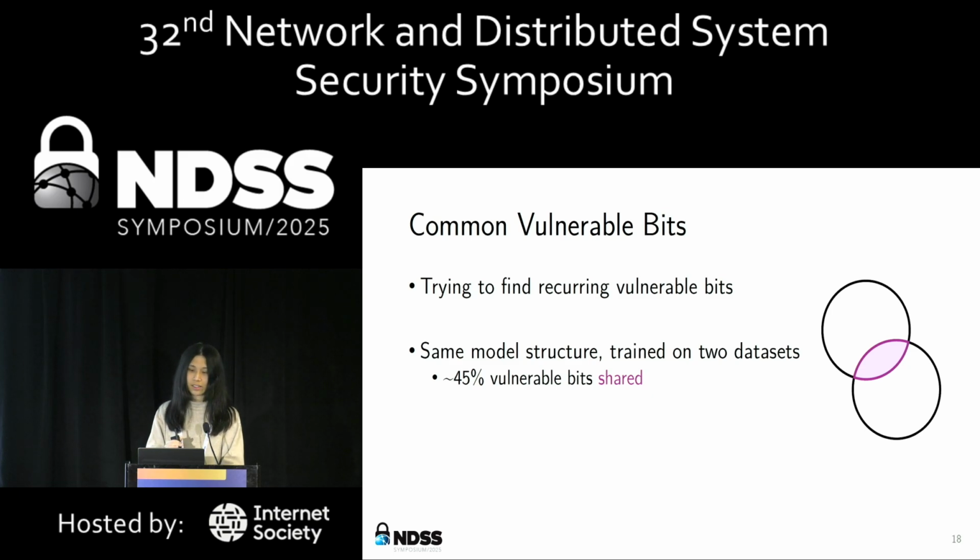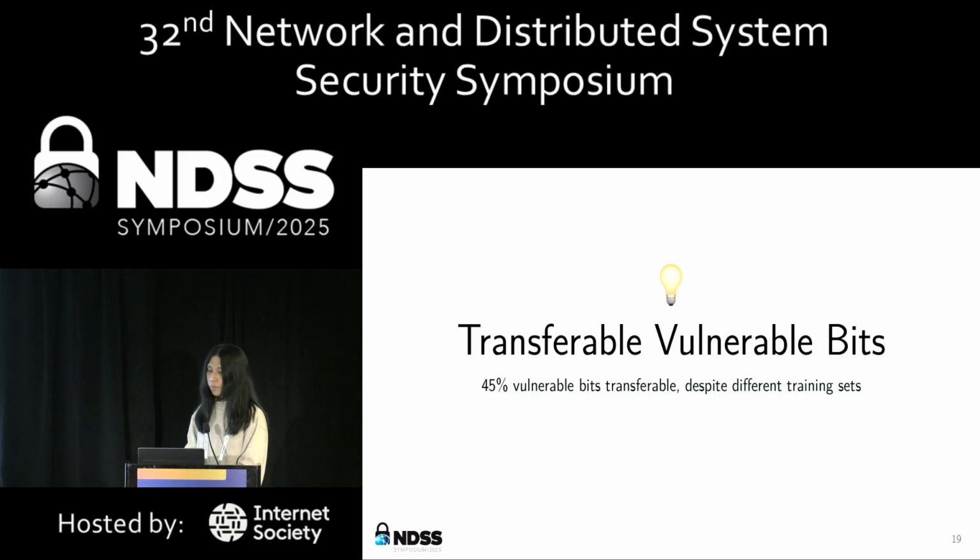We found that two DNN executables compiled from the same model structure, but trained on different sets, have around 45% of the vulnerable bits shared. So this means that there are transferable vulnerable bits, which means that a portion of the vulnerable bits work on more than one executable despite the different training sets.